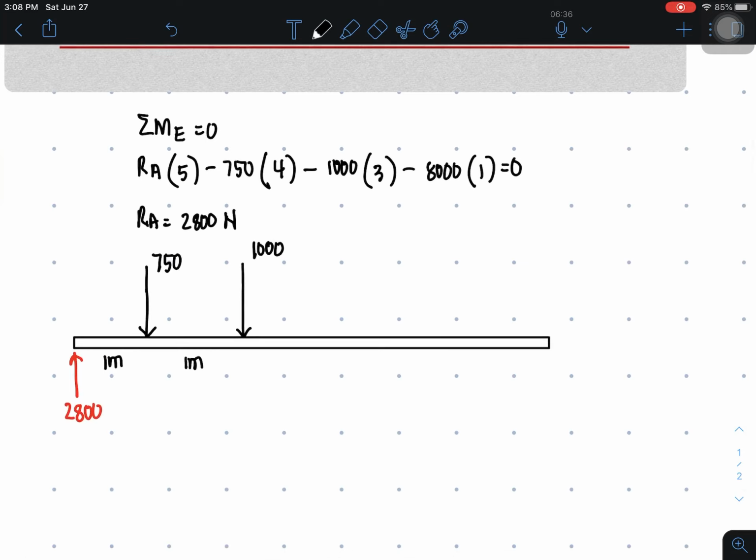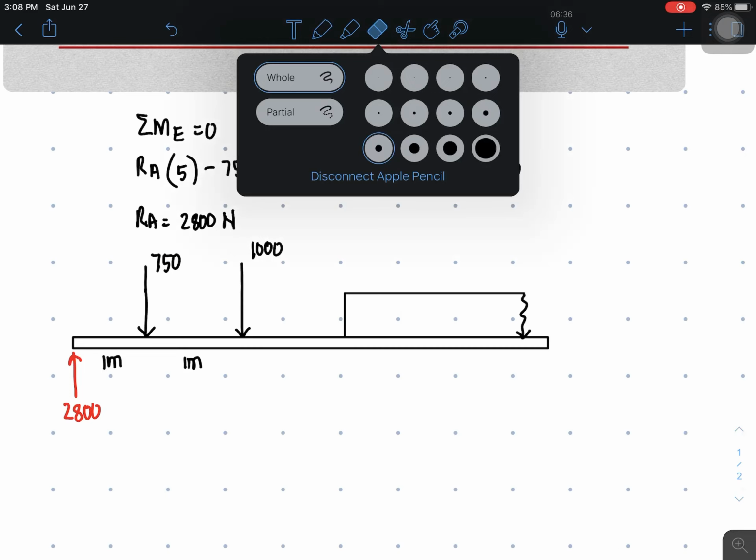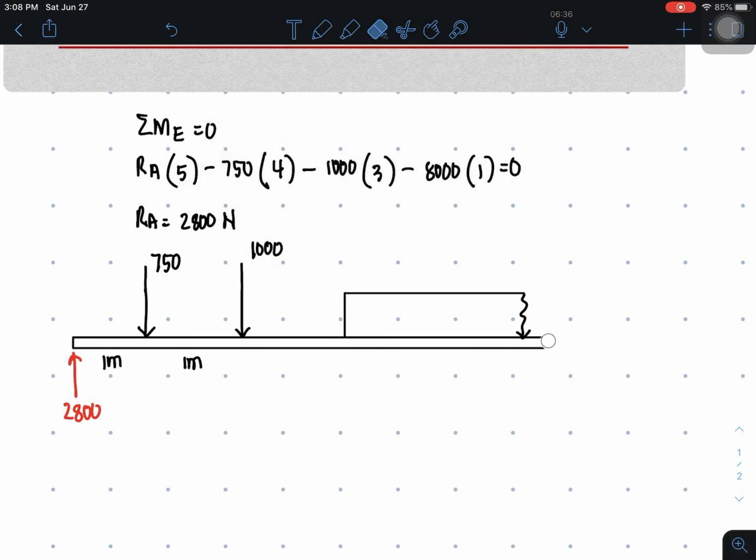Then here, this is the cutting. And then here.